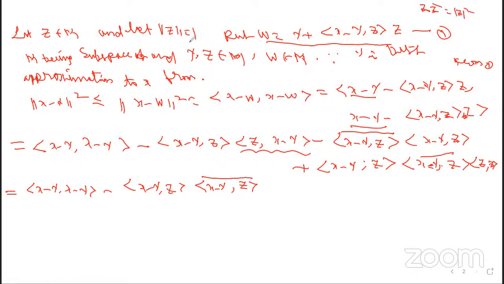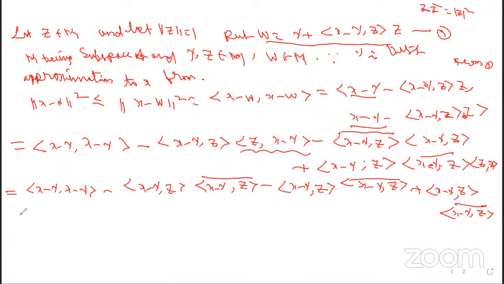Here already not z, now z whole square, now z is 1. That purpose we are applying z into z bar like that. Minus inner product of x minus y comma z into the conjugate of inner product of x minus y comma z, plus inner product of x minus y comma z into inner product of x minus y comma z whole bar.